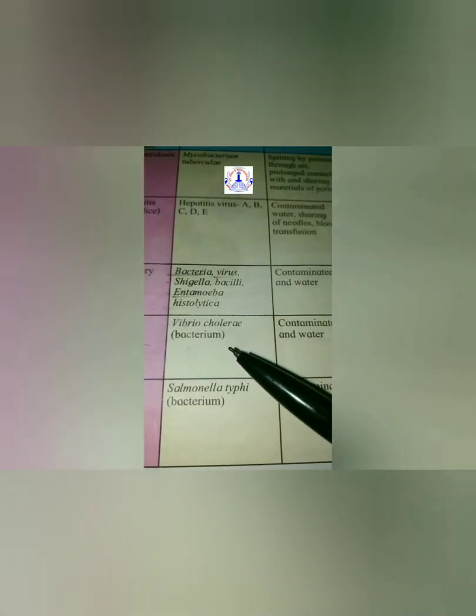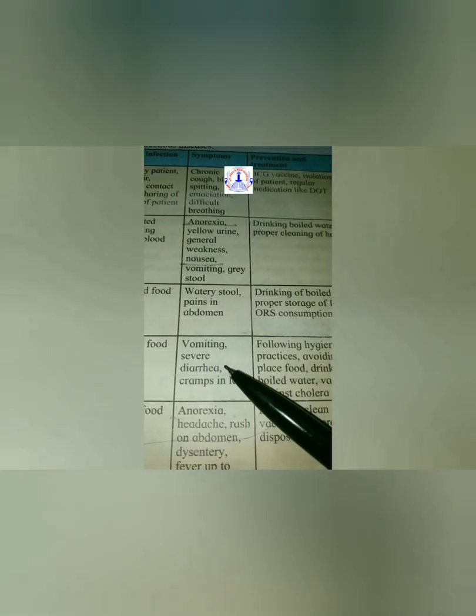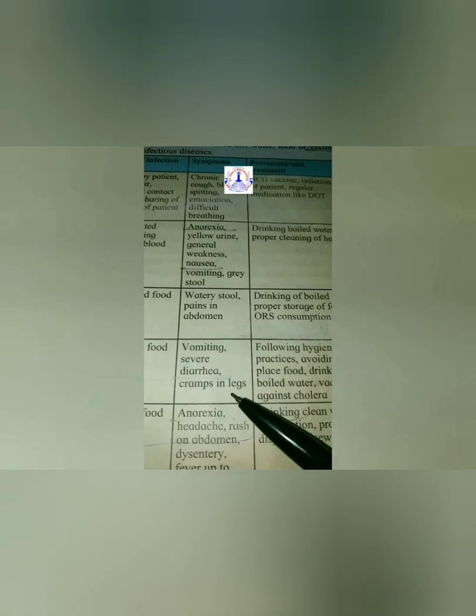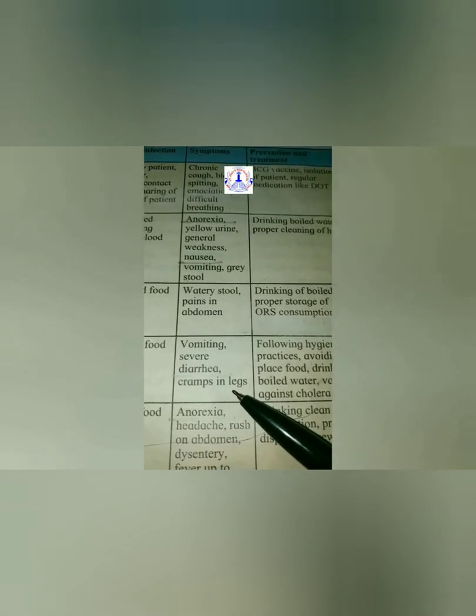Next we will discuss cholera. Cholera is a bacterial disease, and the causative factor is Vibrio cholerae. Mode of infection: contaminated food and water. Symptoms: vomiting, severe diarrhea, which means loose motion, and cramps in the leg. Cramps in the leg are due to muscular contraction, and they happen when our body is dehydrated.